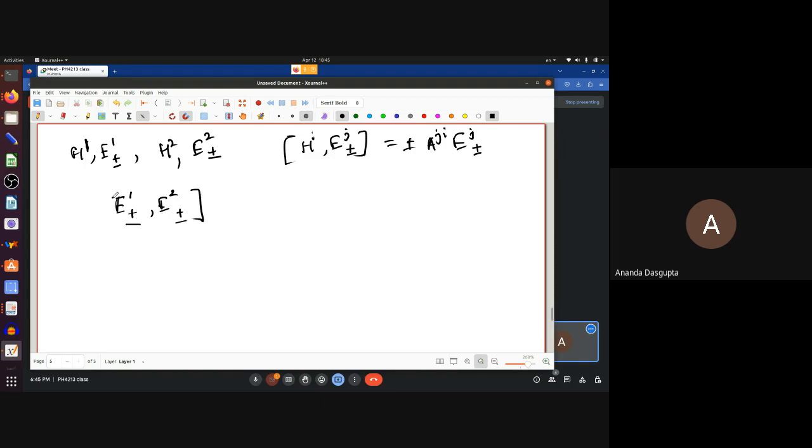So let's try to do both of them together. Define this to be E theta plus. There's another possibility. How many combinations are these? When I say commutators, how many commutators are we talking about here? So the plus or minus is with respect to the outer plus or minus, or the operators plus or minus?